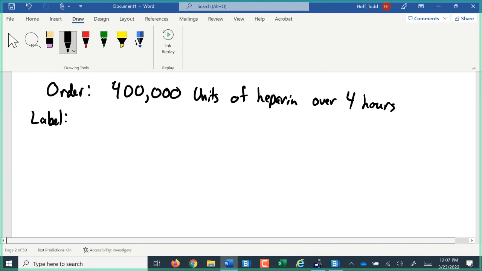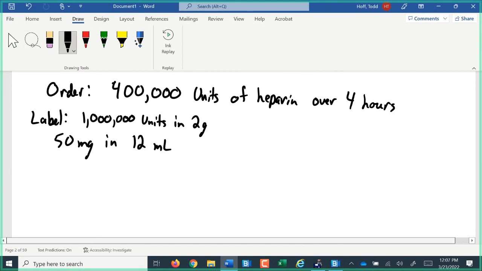Let's look at the label on our supply here. It will tell us 1 million units is constituted at 50 milligrams, 12 milliliters, and a drop factor of 15 drops per milliliter.